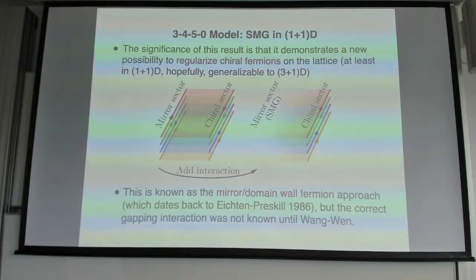If you turn on interaction on the mirror sector that leads to a gap, then you are left with the chiral sector, which nicely realizes this chiral fermion. This construction is also known as the mirror or domain wall fermion approach, which may date back to Eichten and Preskill, in the year when I was born, basically. But the correct gapping interaction was not known back then until recently.